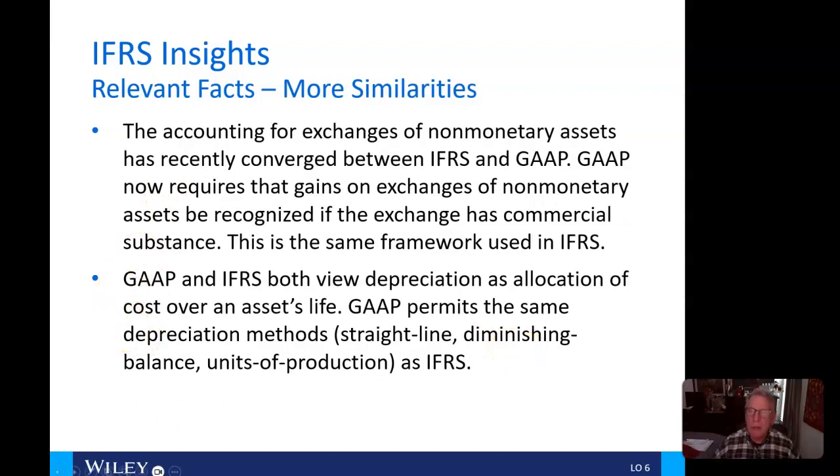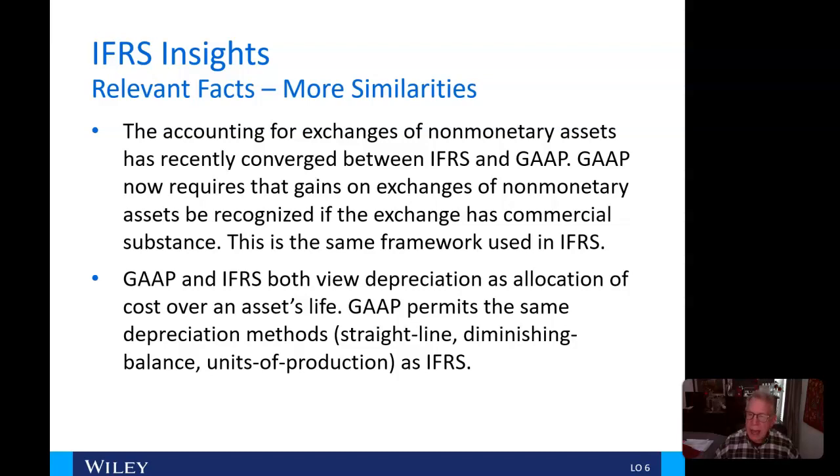More similarities. The accounting for exchanges of non-monetary assets has recently converged between IFRS and GAAP. GAAP now requires that gains on exchanges of non-monetary assets be recognized if the exchange has commercial substance. This is the same framework used in IFRS.